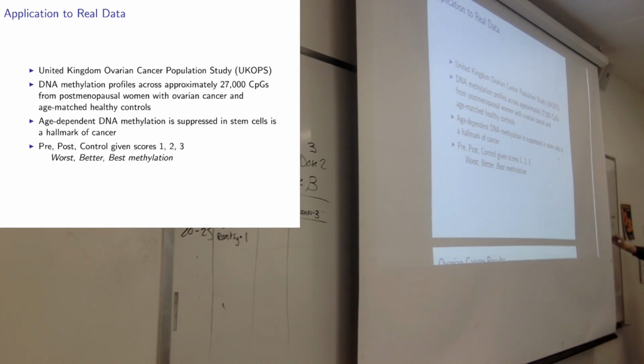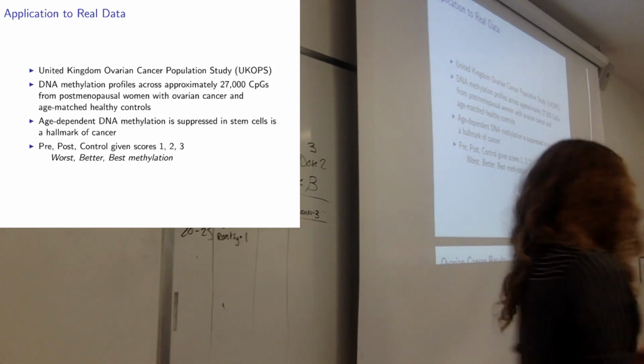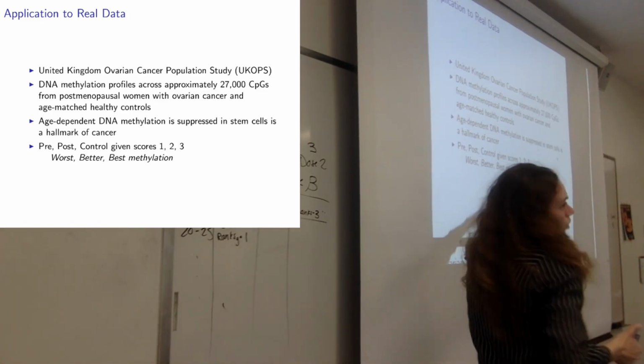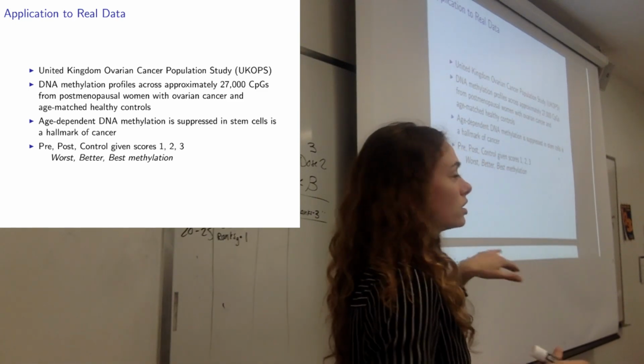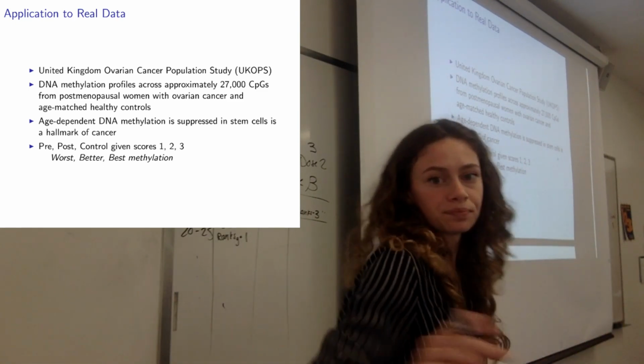So you expect them to have way too much methylation or way too little. And then people who already received treatment, that means they're closer to being cured, or they are cured. So you expect them to have an intermediate level where they have better methylation control. But somebody who's never had cancer, you expect them to just have good methylation control. So that's why it's ranked in this order. Pre, post, control. And so I just wrote worst, better, best methylation. I don't say less, bigger, more, because again, it's two-directional. It can either be greater or less.